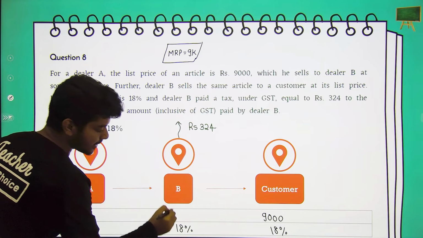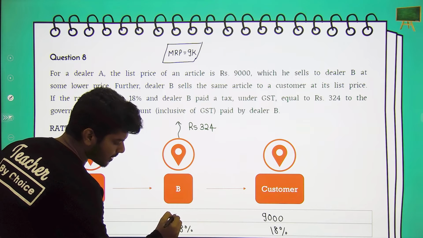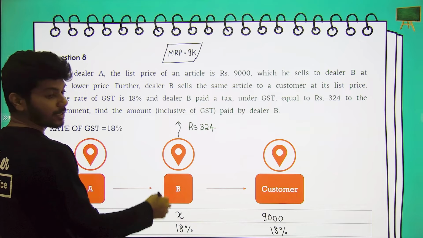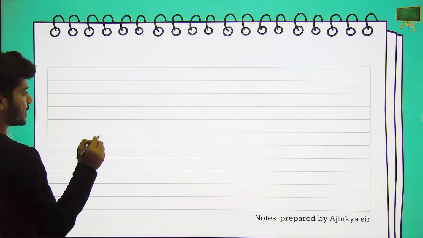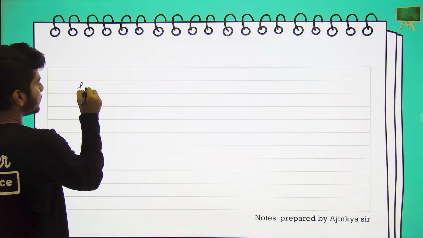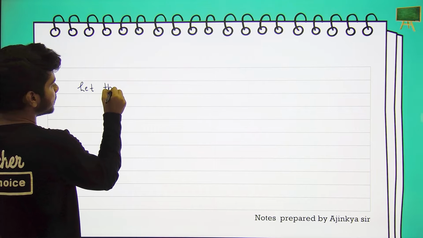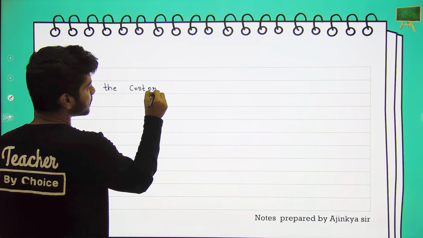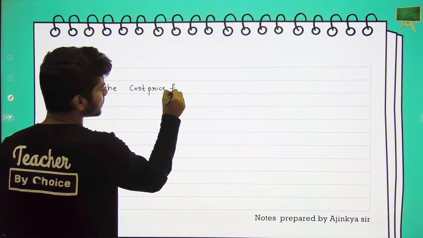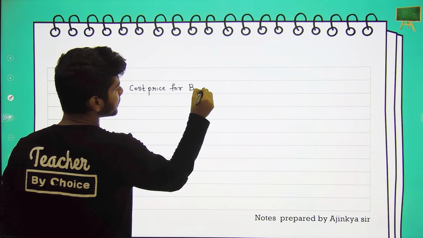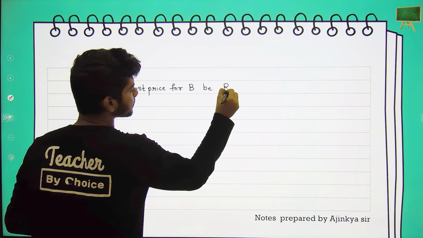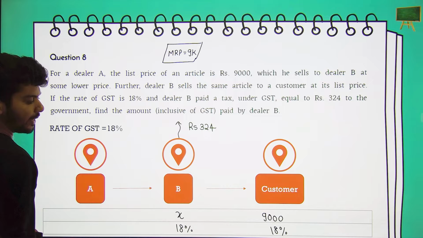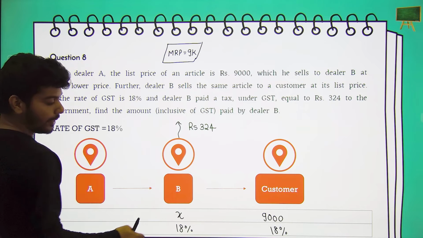Let's assume this amount as X. Let the cost price for B be rupees X. Now in this case, how will we calculate GST for B?